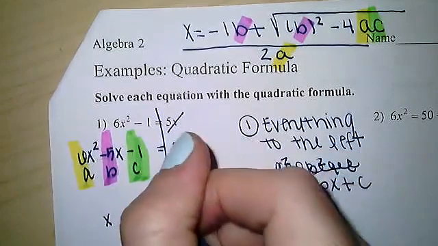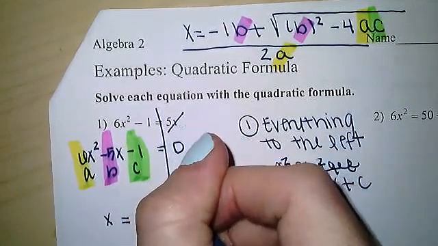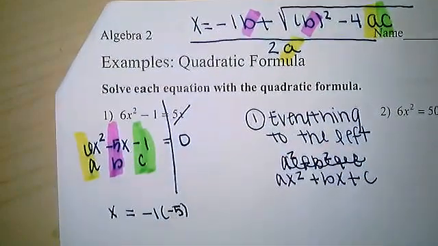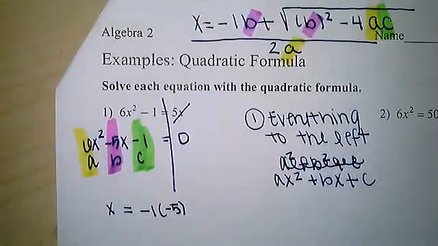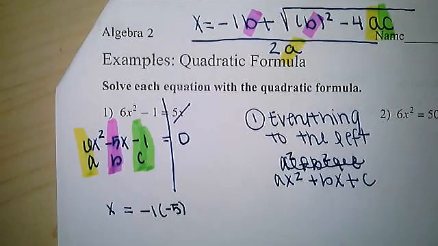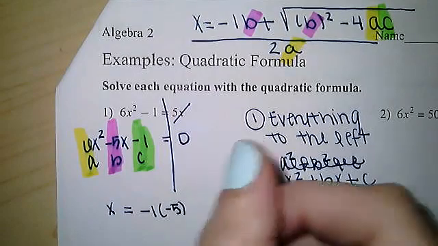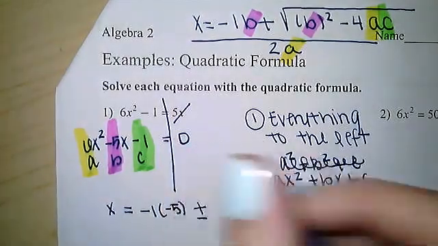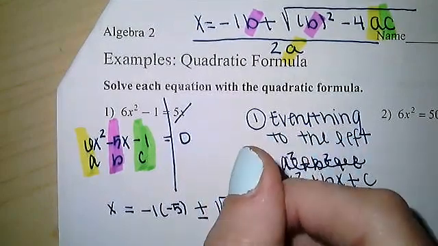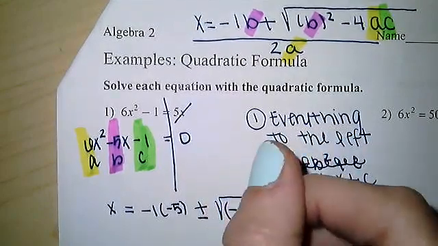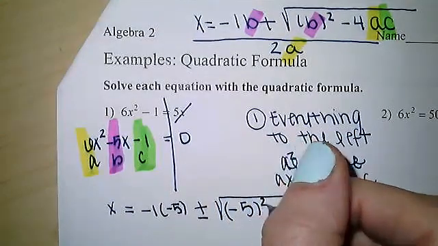You can do that step in your head if you want, but most people write it out first. I'm not going to take points off if you go right to the positive. You want to use those parentheses, right?